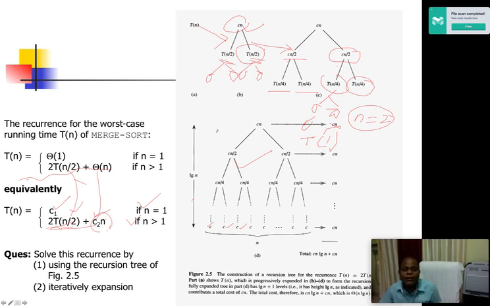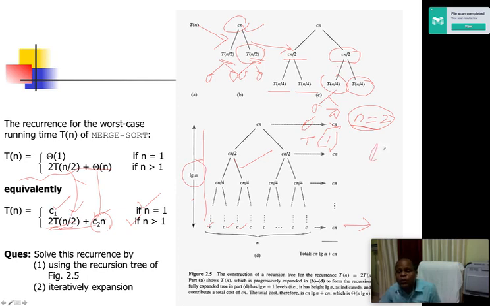What is the height of a complete binary tree with n nodes? The height is log n. That means, leaving the root level, how many levels will there be?